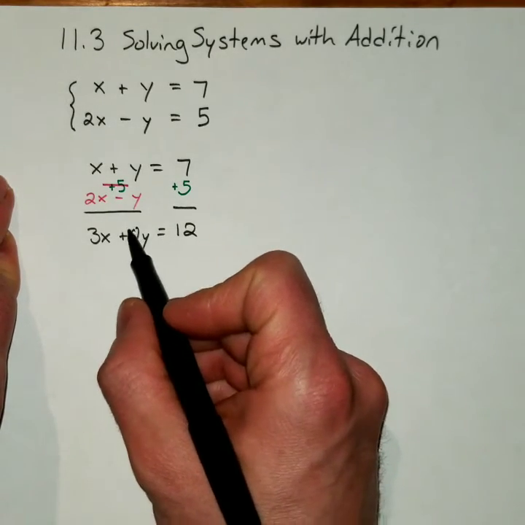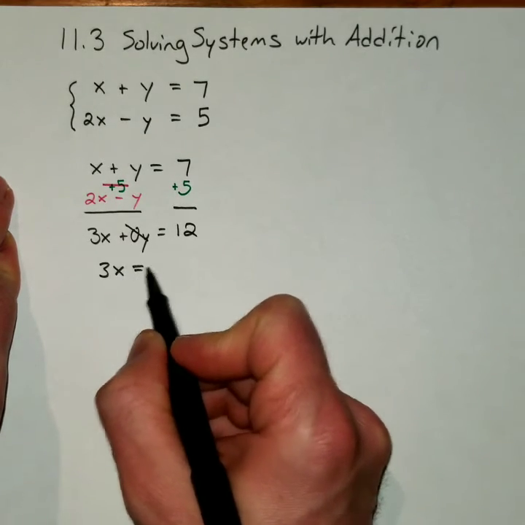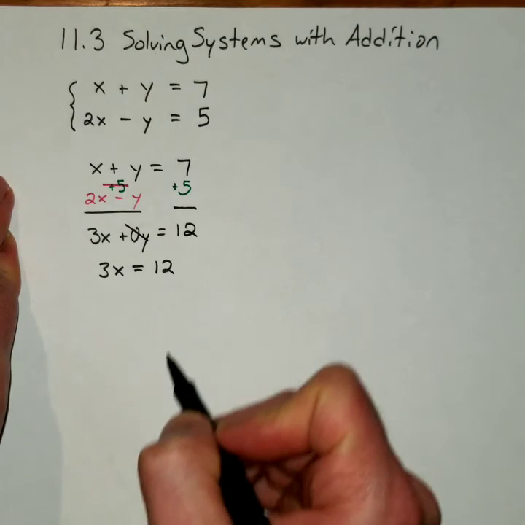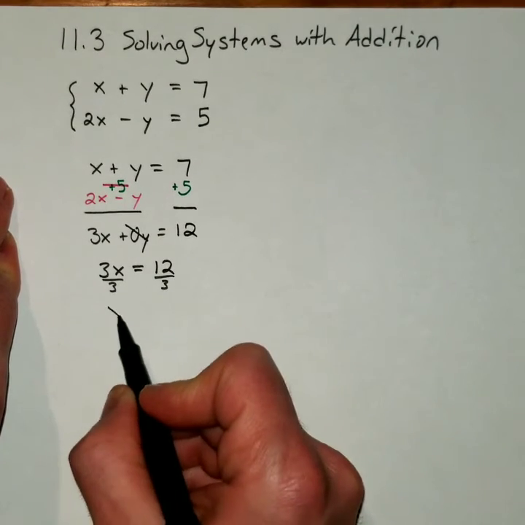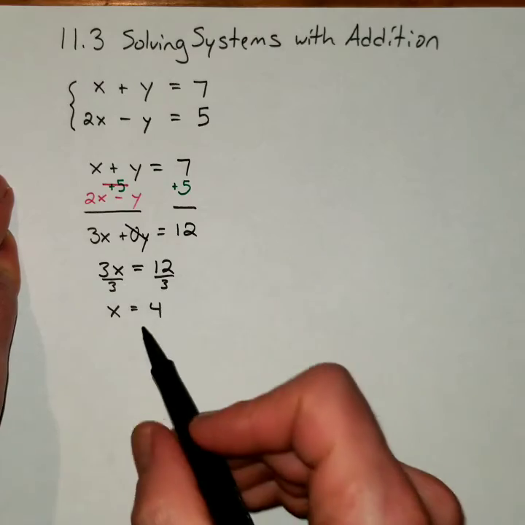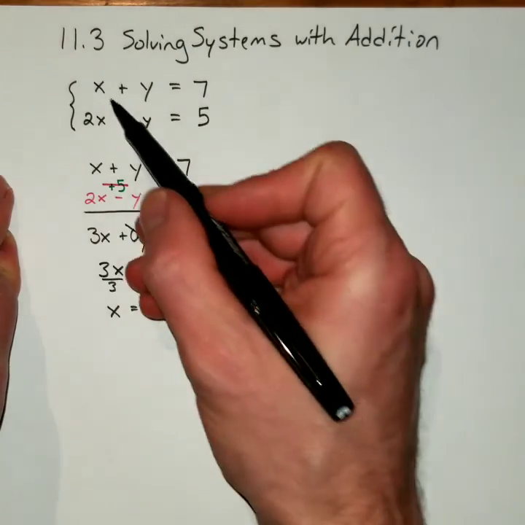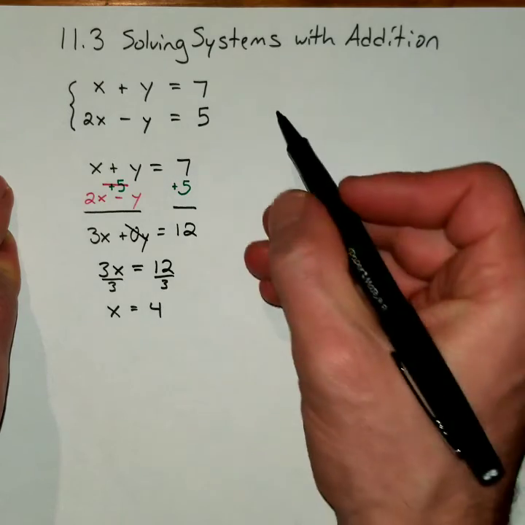Now the term with a 0 drops out, and I'm left with 3x equals 12. And if I divide both sides by 3, we'll get an x value of 4. And of course, we're not quite done because that 4 needs to get plugged back in so we can find the corresponding y value. We need an ordered pair, remember.